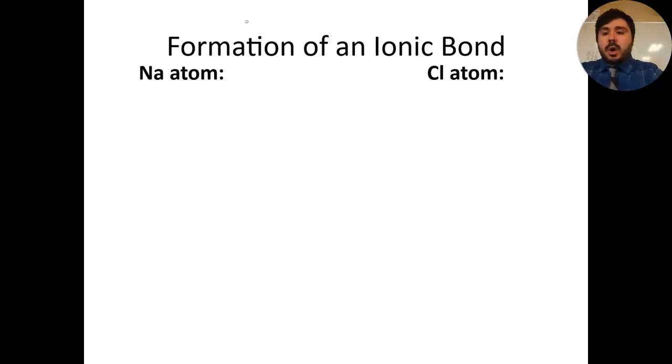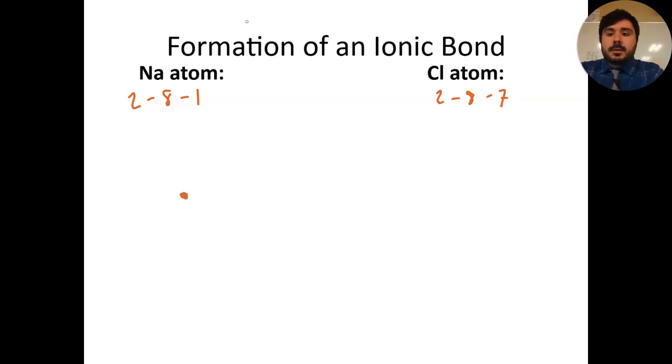A Bohr model for Na is going to come from the electron configuration of sodium, which is 2-8-1. And then Cl has a configuration of 2-8-7. So these are our two electron configurations, and I can always transfer these into their Bohr models. So that's exactly what I'm going to do.